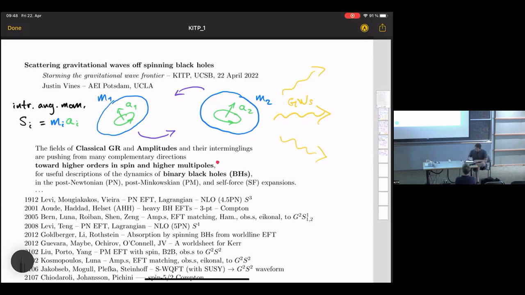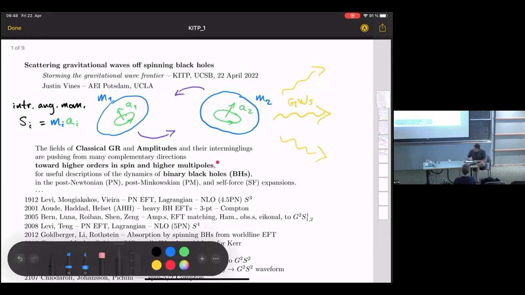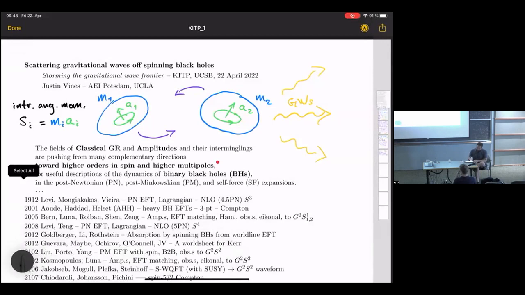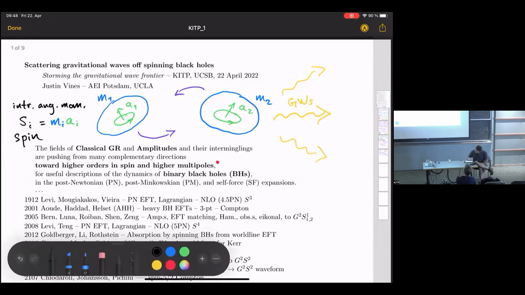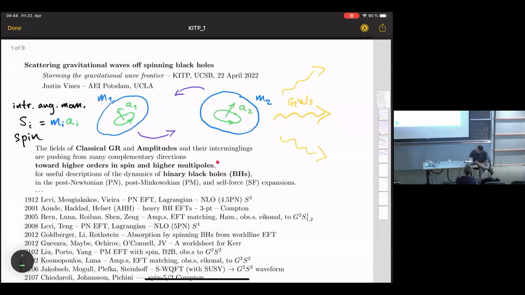And just some notation, which we've seen many times before. These two black holes are going to have some masses, and I'm going to be focusing on their spin. Most of this talk is about spin, which we call S. I really mean the intrinsic angular momentum, which is useful to think of as the mass of the black hole times its so-called ring radius.